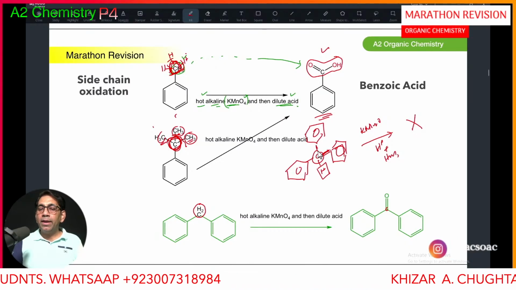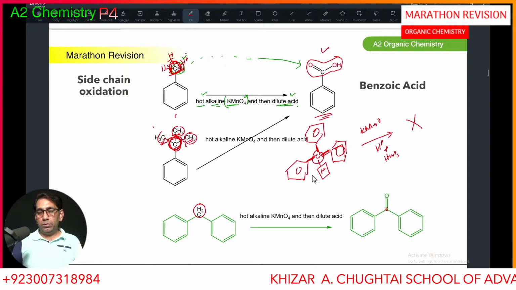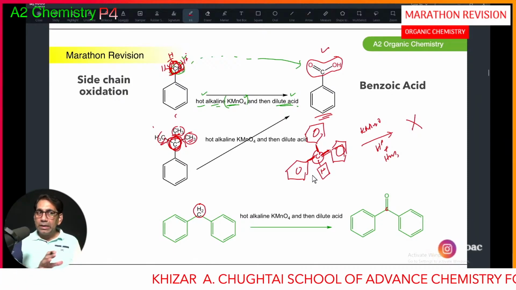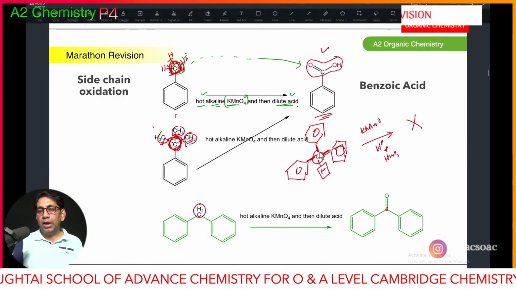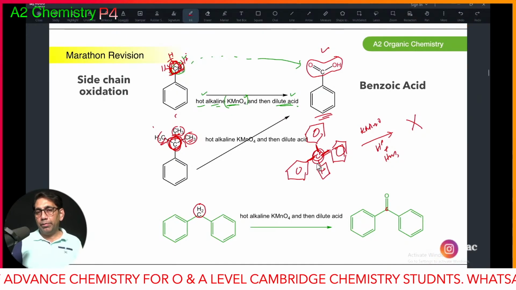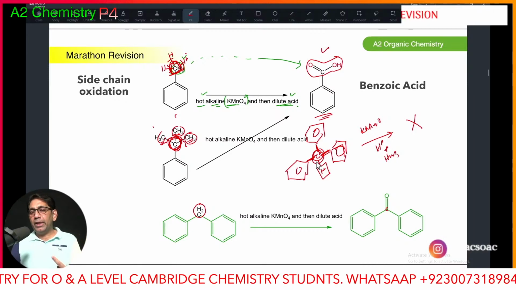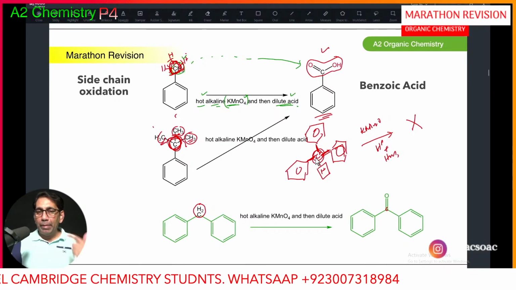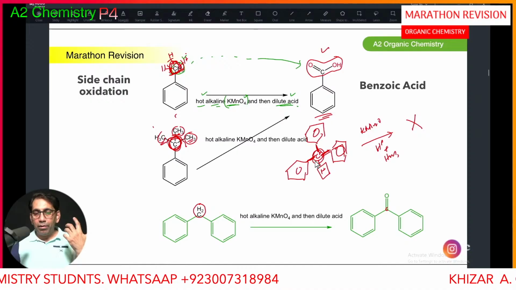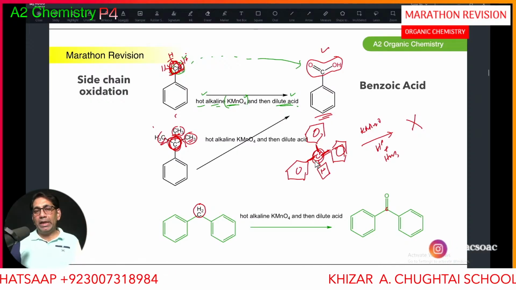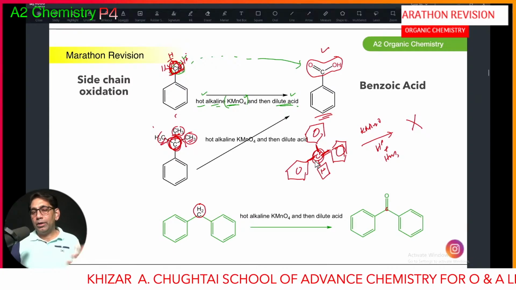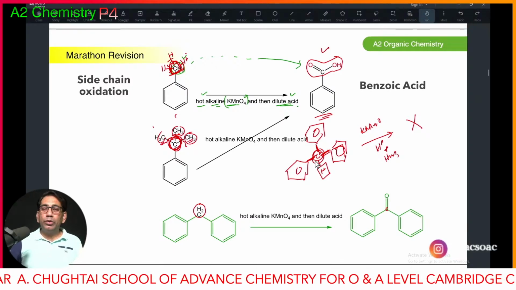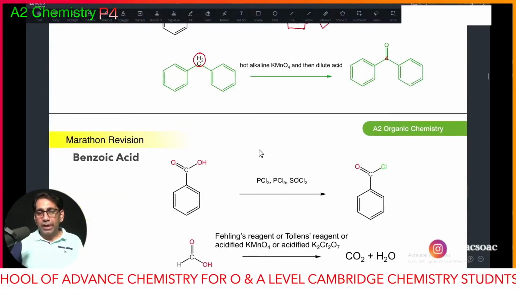These bonds can never be broken. The side chain carbon to benzene bond will remain intact with the benzene ring, and will not be broken by the oxidation method. So this is the basic theme of side chain.